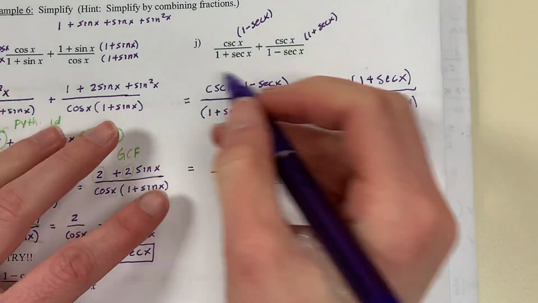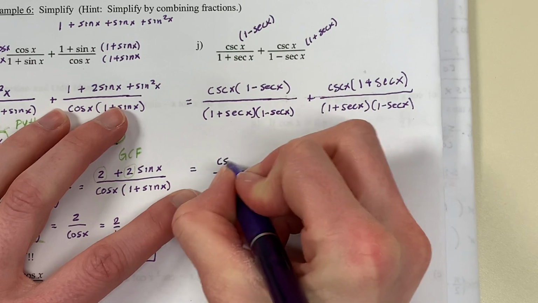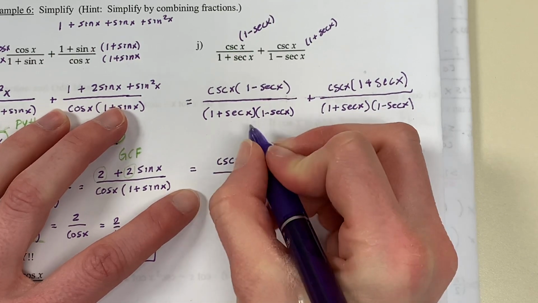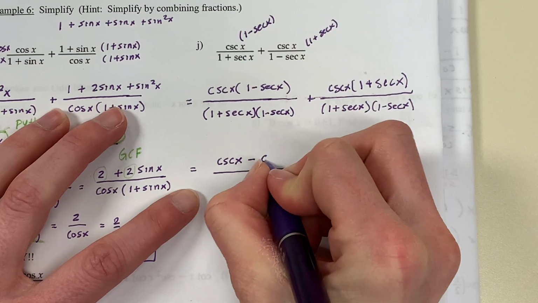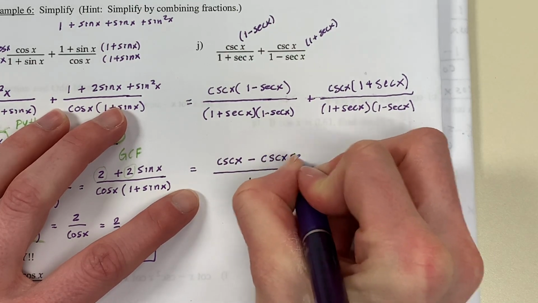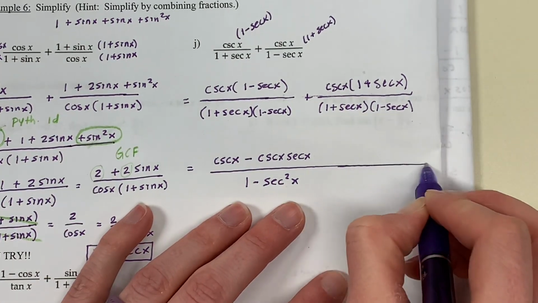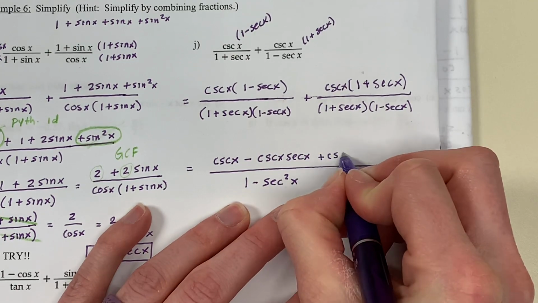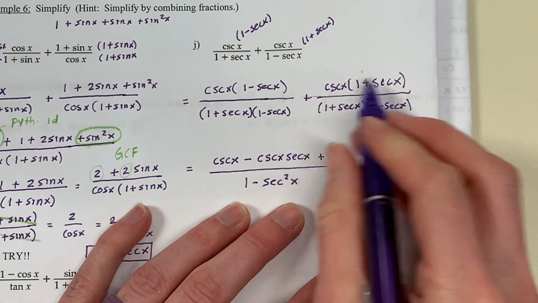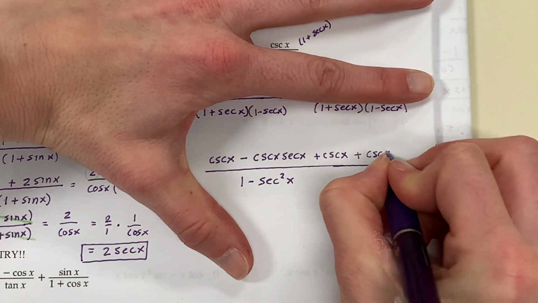Okay, in the numerator, if I distribute, cosecant x times 1 is cosecant x. Cosecant x times negative secant x is a negative cosecant x secant x. Moving to the right side, cosecant x times 1 is cosecant x, and cosecant x times secant x is a positive cosecant x secant x.